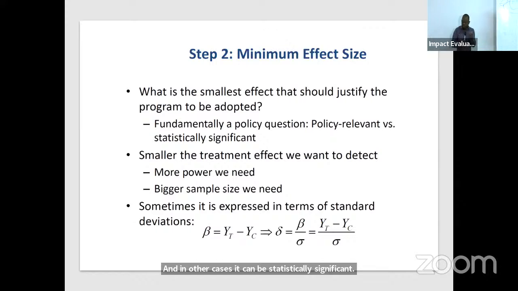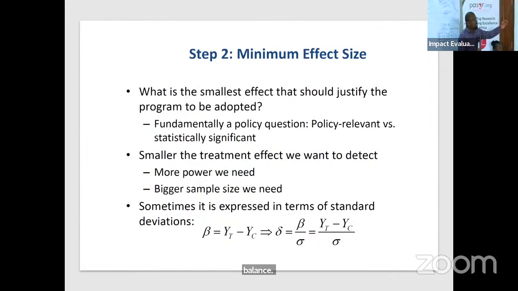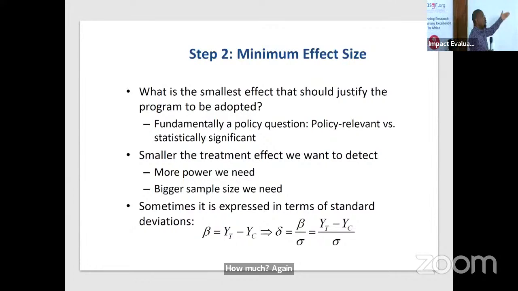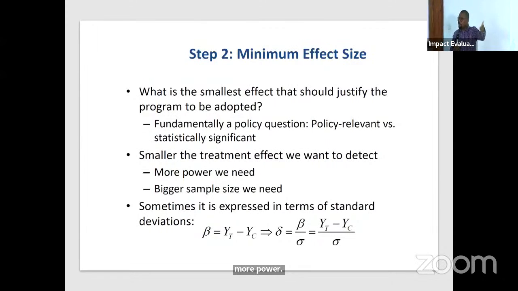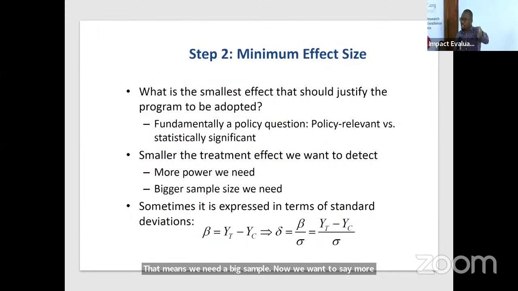So the minimum effect you're targeting should have this balance. Are we together? Smaller the treatment effect we want to detect, we need more power. That means we need a bigger sample. Now, if I say more power, I mean bigger sample. I need more sample to rule out false what? Negatives.